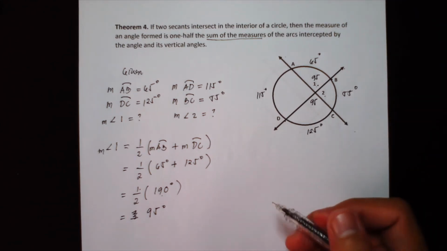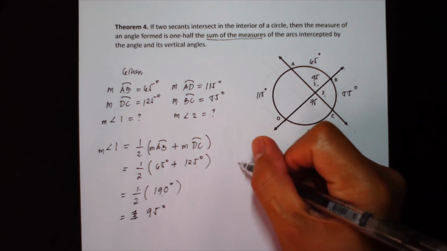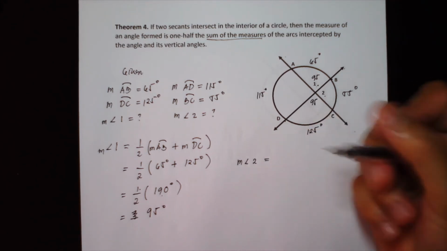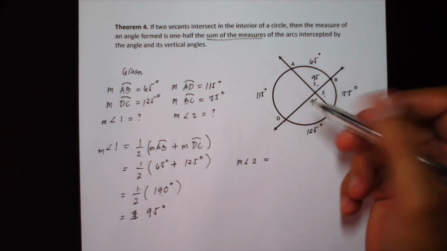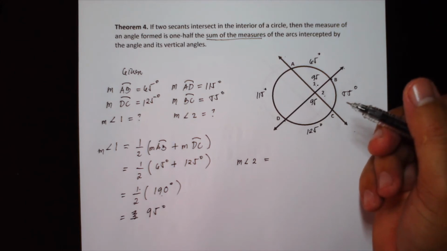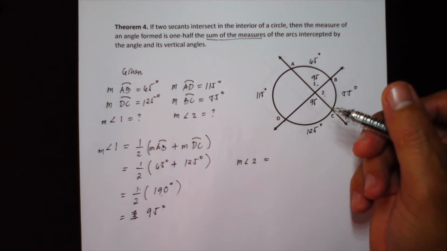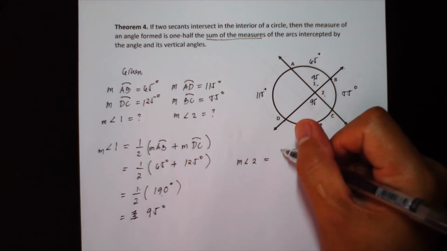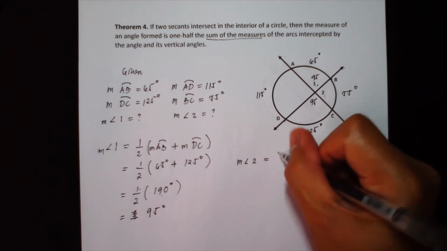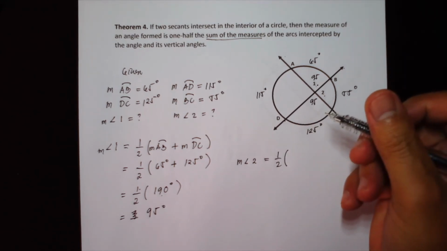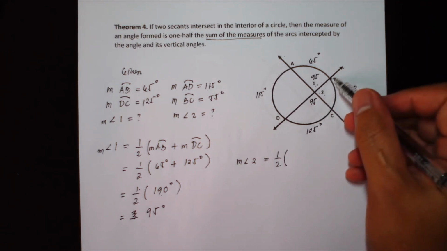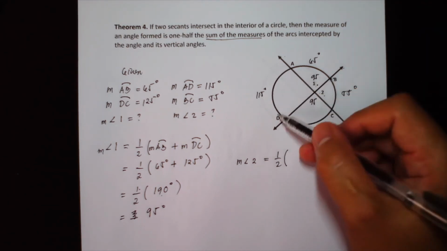Next, the measurement of angle 2. It's the same process: we add the intercepted arcs, then multiply by 1/2. Since it is angle 2, the intercepted arcs are BC and AD.